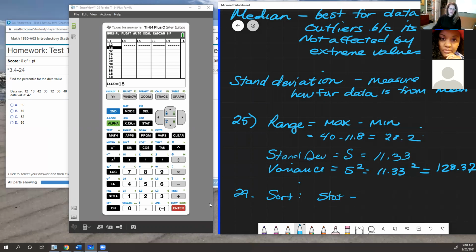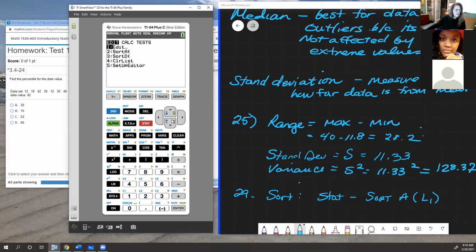Stat, and then we go down to sort in ascending order. And then we're going to put our list that we want to sort. Stat, and that's list 2. Enter.